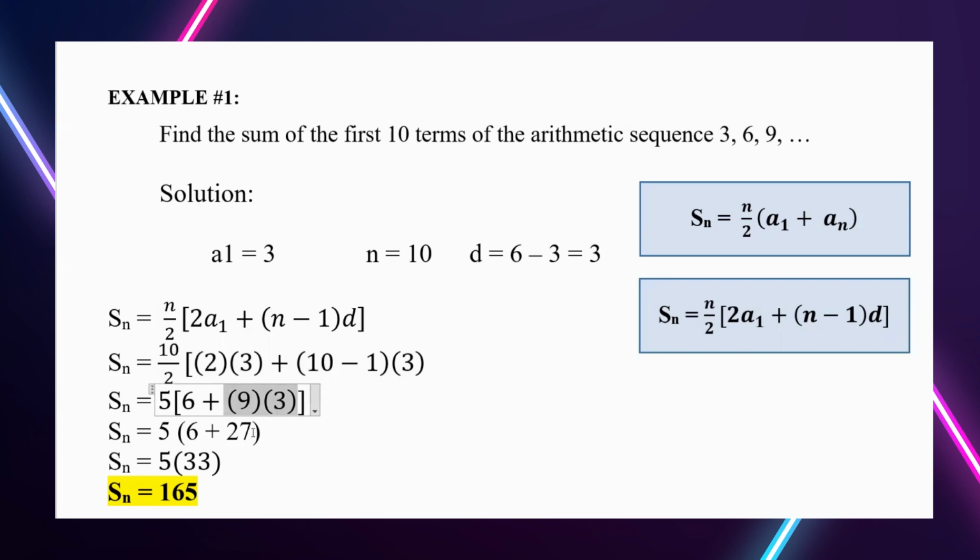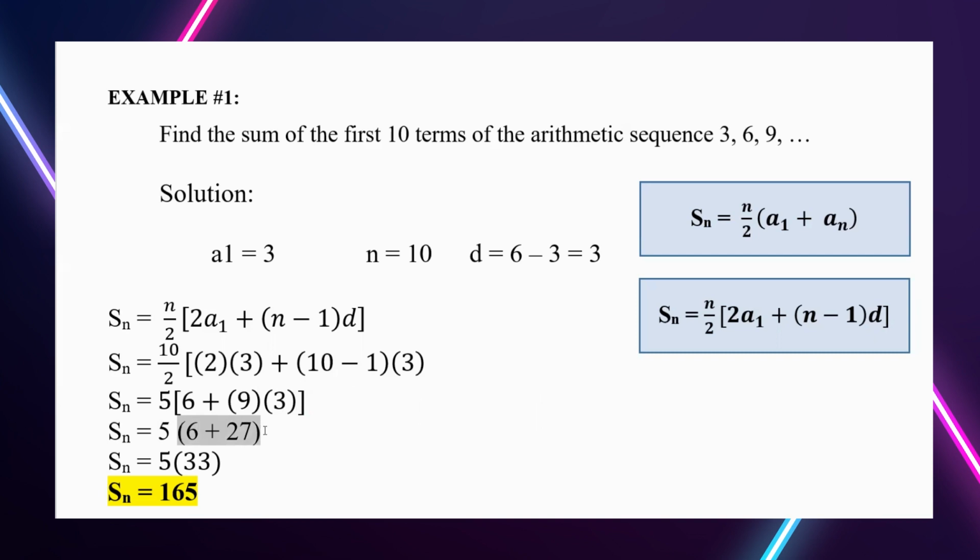So 9 times 3 is 27. Therefore, we have S sub n is equal to 5 times the sum of 6 and 27. Unahin natin yung nasa loob ng quantities, which is 6 plus 27.